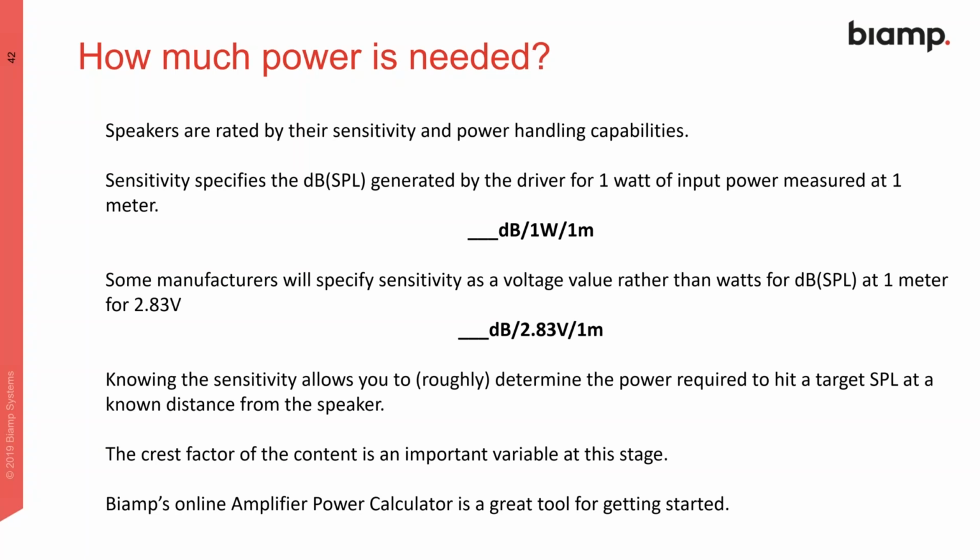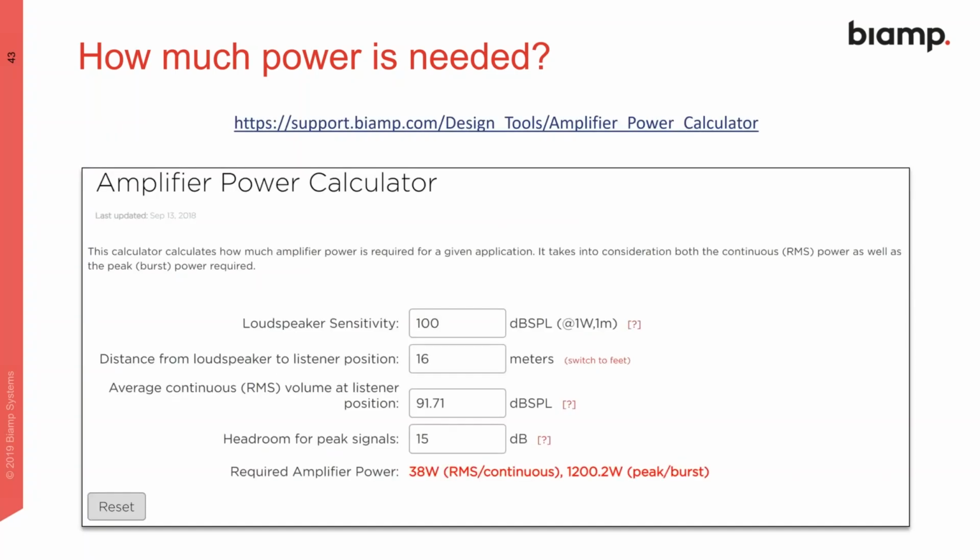And again, the online amp calculator is really handy. So we can plug in our numbers on that calculator tool and say, okay, I've got a speaker that is rated for 100 dB SPL at 1 meter. I'm going to be 16 meters to the audience position. That was the 50-foot position. And my average RMS out there is going to be almost 92 dB.